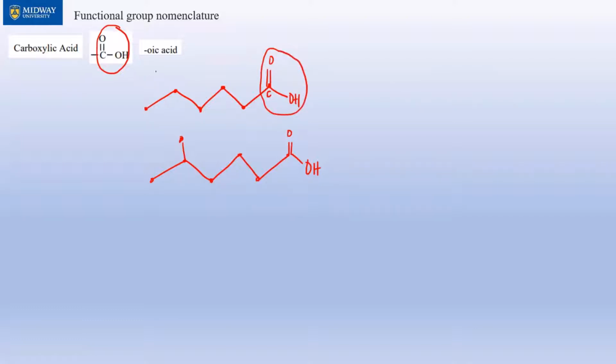You see C double bond O, OH, right? But the C is also part of the chain containing the remaining carbons. These are also carbons. So when you figure out the long chain, you don't leave out this carbon and start numbering from here. You actually start from the carbon containing the double bond O and the OH. As with anything else, you start numbering from the side closer to the functional group.